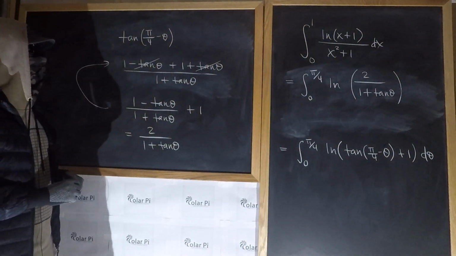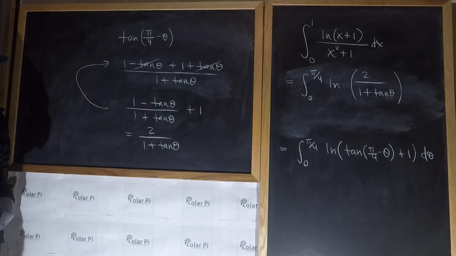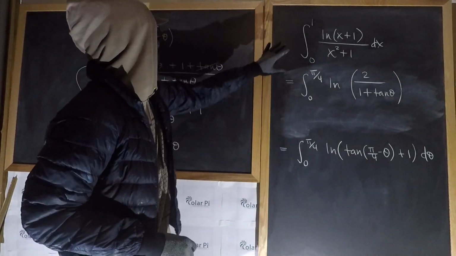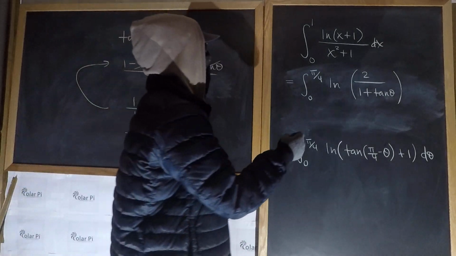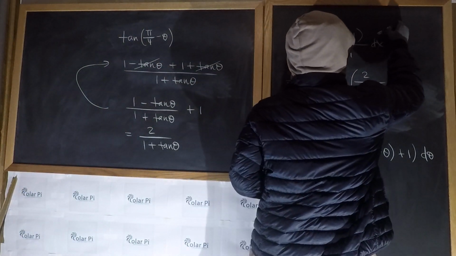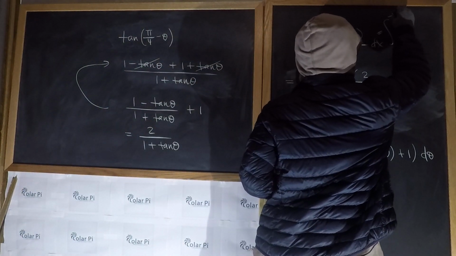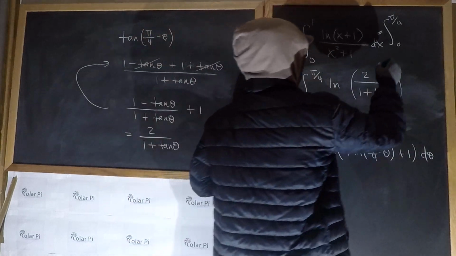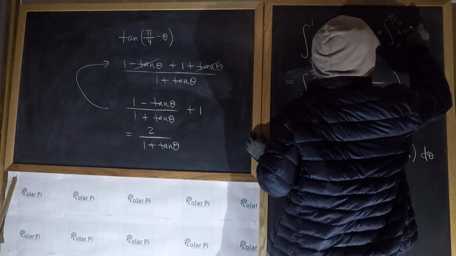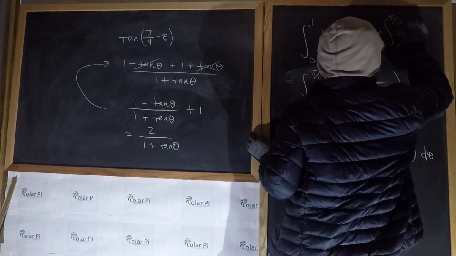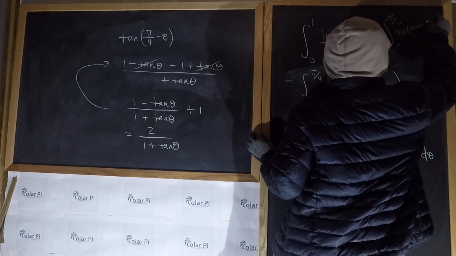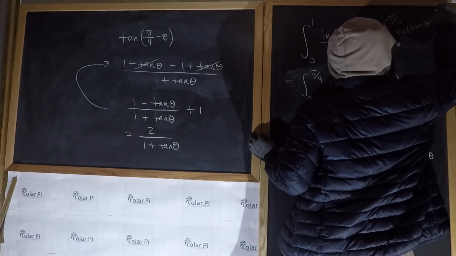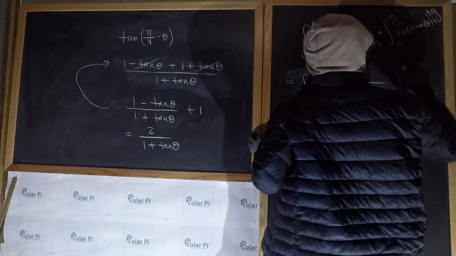Now, remember, the integral that we're working on, this guy here, after our original substitution, this integral had become 0 to pi over 4 of the natural log of tan of theta plus 1 d theta, right?